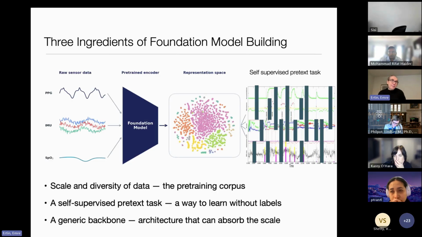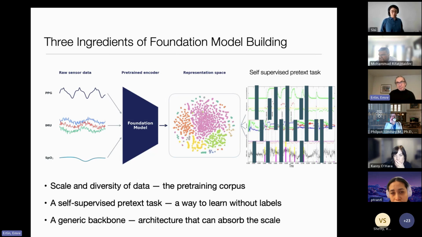So what are, again, the three ingredients of foundation model building? First, we have a large scale and diversity of data available from many different subjects, from many different demographics, as well as different devices that provide this raw sensor data.